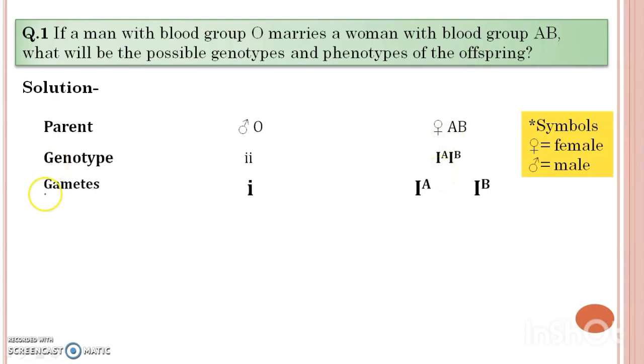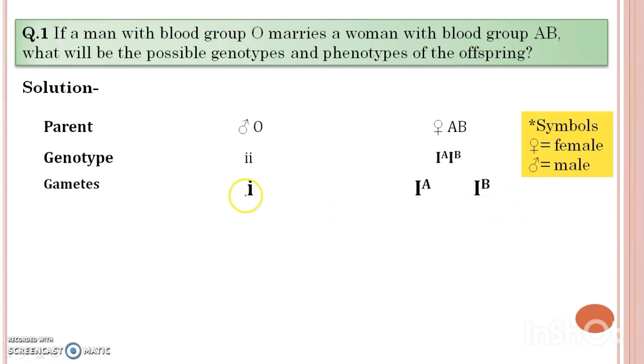Okay, then the gametes. So it is homozygous, meaning both alleles are the same, so only one type of gamete will be formed, which is small i, and here both the alleles are different, so there will be two different gametes, IA and IB.